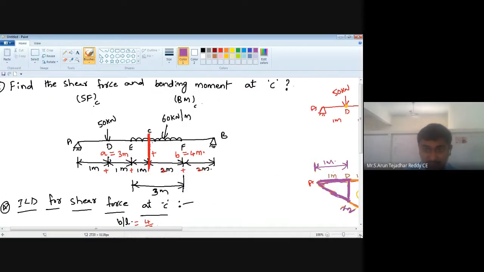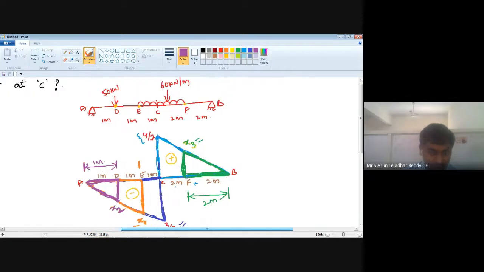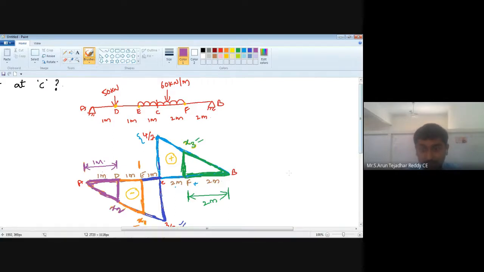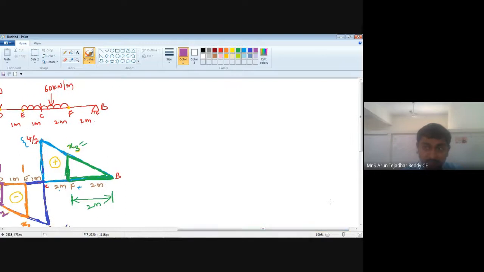So these are our ordinate values, and find out shear force at C. For that, we'll draw another diagram.